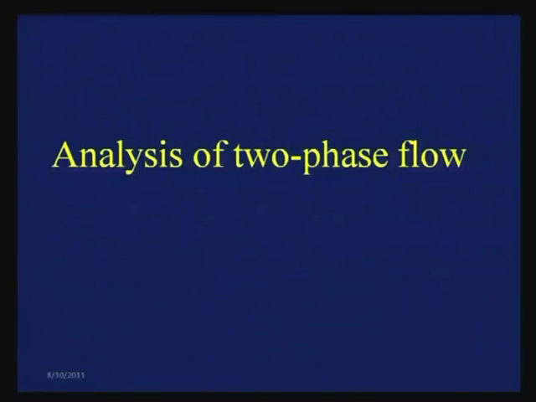Now, before we go for the analysis of two-phase flows, what I would like to first cover is a set of nomenclatures, some standard definitions and some common terminologies. In single phase flow situations we had one set of nomenclatures.